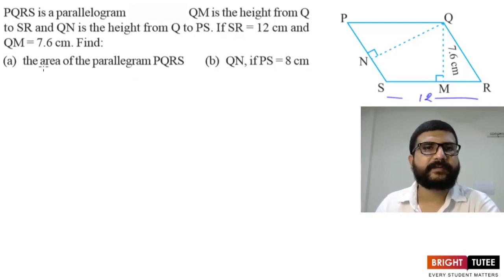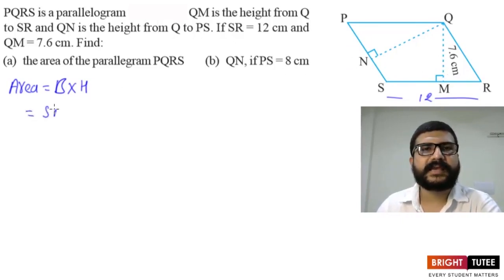Now first of all, we have to find the area of the parallelogram PQRS. Now as we know, area of a parallelogram is equal to base into height, or we can write B into H. Now if in this parallelogram we consider SR as a base, the height will be QM. So this is equal to SR into QM. Now what is the value of SR?